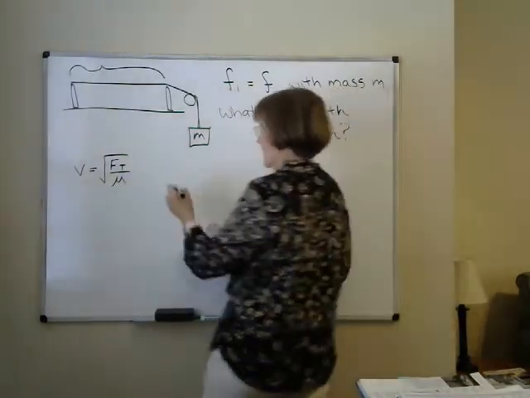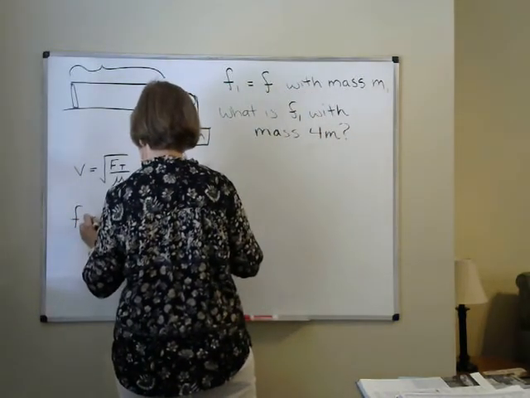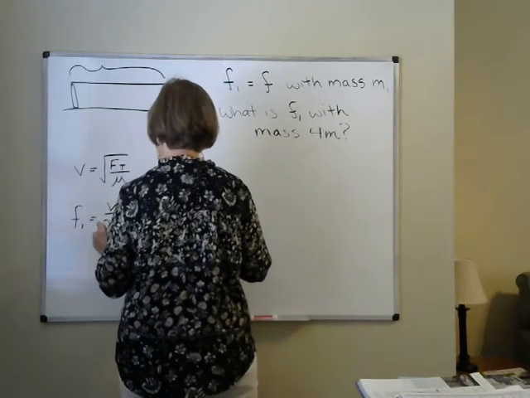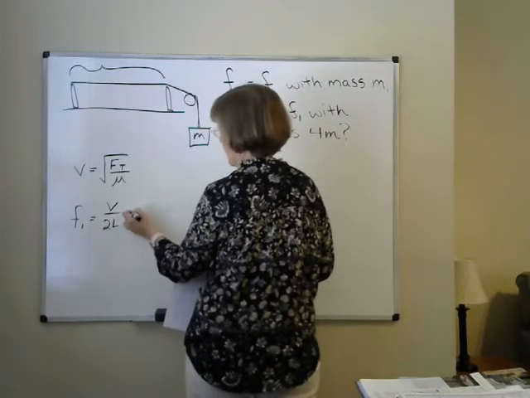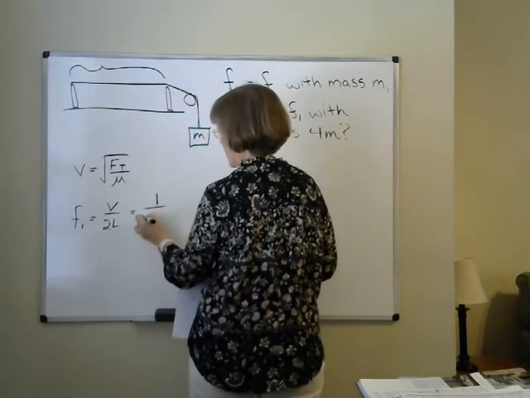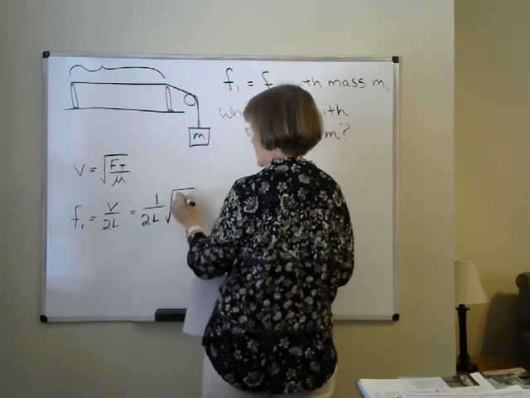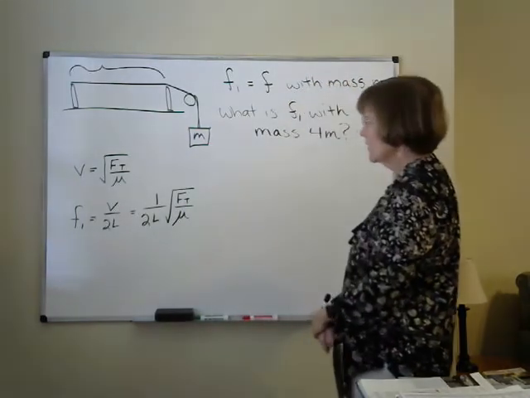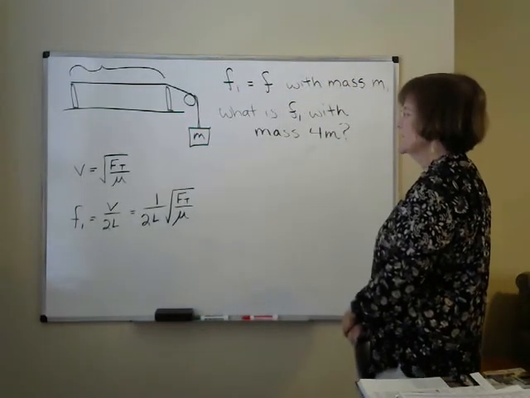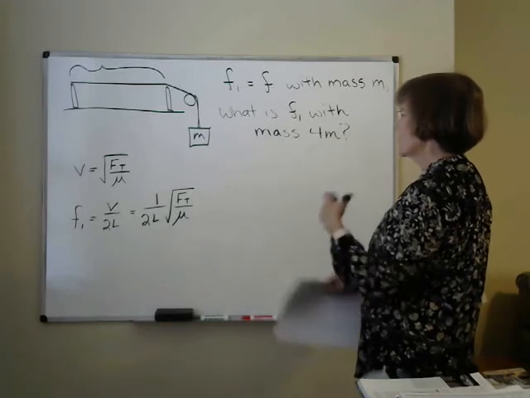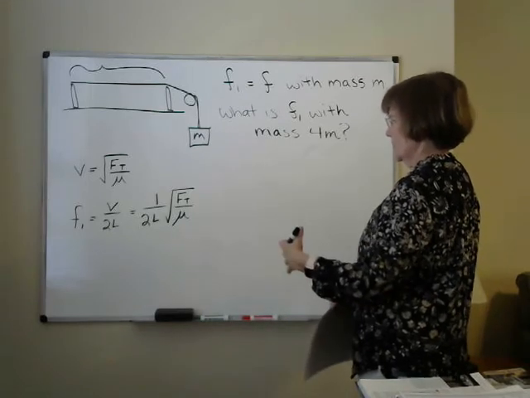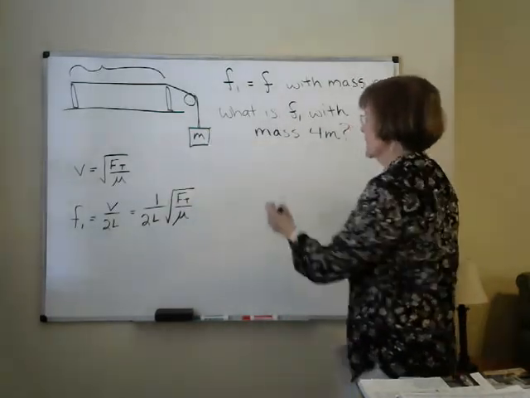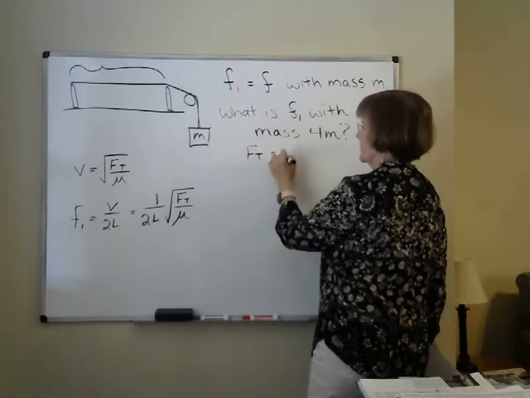If F1 then is equal to V over 2L, I can make a new formula. I can say, you know what? The fundamental frequency is 1 over 2L times the square root of tension over mu. I'm just putting some formulas together that I know. All right, we know that the tension depends on the mass. If I quadruple the tension by quadrupling the mass, right? If this is 4 times bigger, we know that Ft is equal to mg.